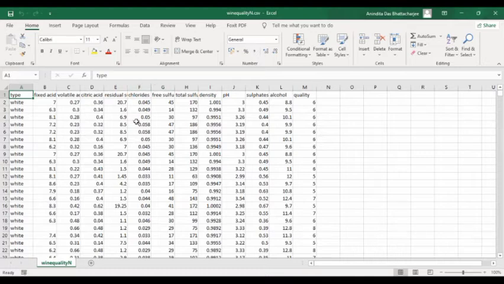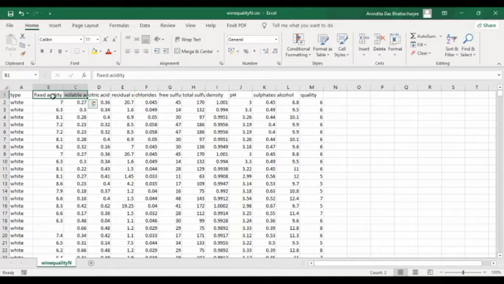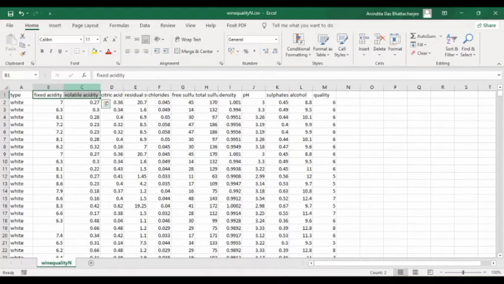See, this dataset is known as the wine dataset, right? And what is the purpose of this dataset? See, we have some feature values like fixed acidity, volatile acidity.